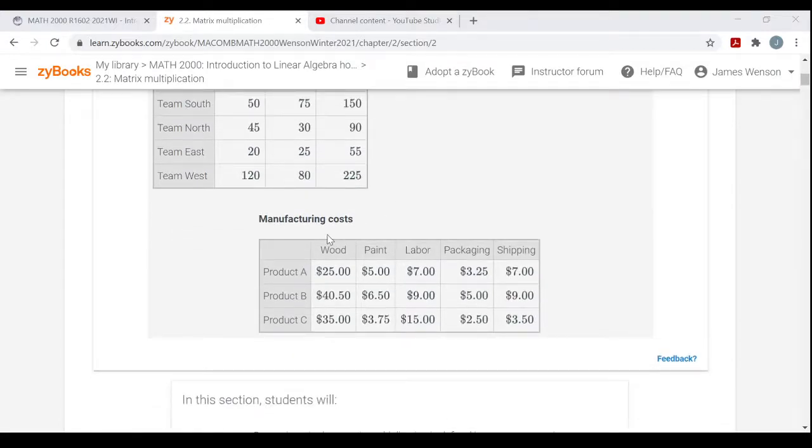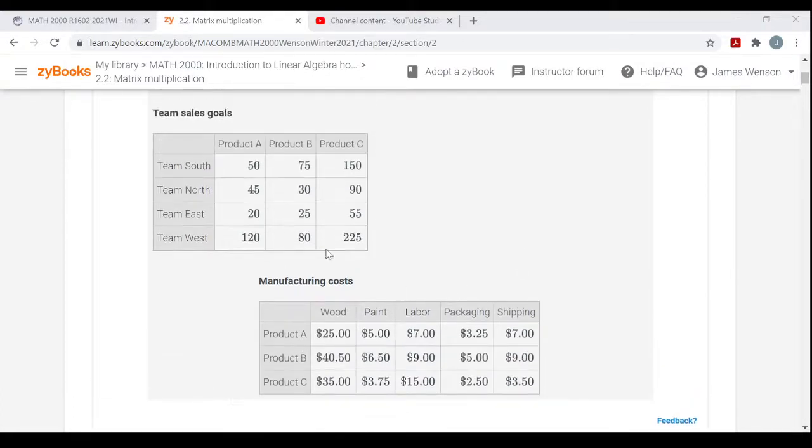And then you have this matrix representing the manufacturing costs: the cost of materials, labor, and packaging for each product, and you get this 3x5 matrix here. I'll show you how we can relate these matrices in multiplication, and what that multiplication will mean.